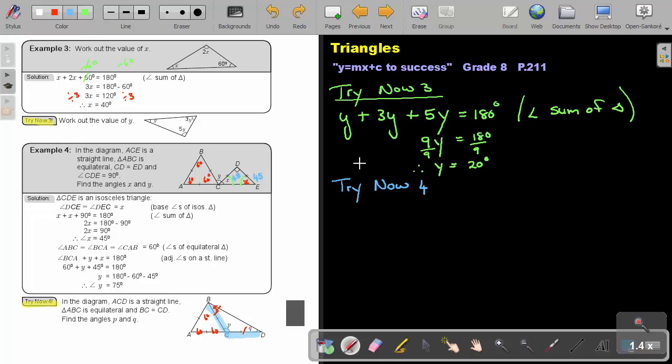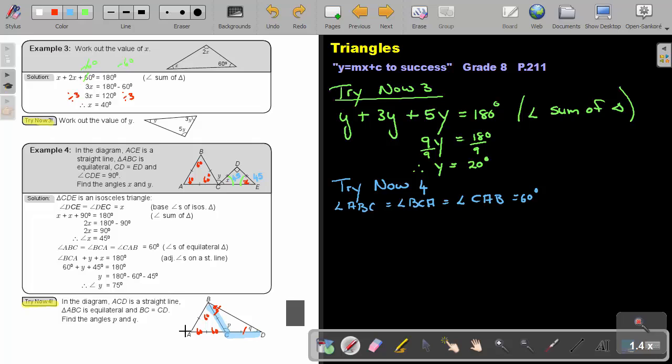Okay. I'm going to start to say triangle ABC, to show that it's equilateral. So angle ABC is equal to angle BCA is equal to angle CAB, and that's 60 degrees.